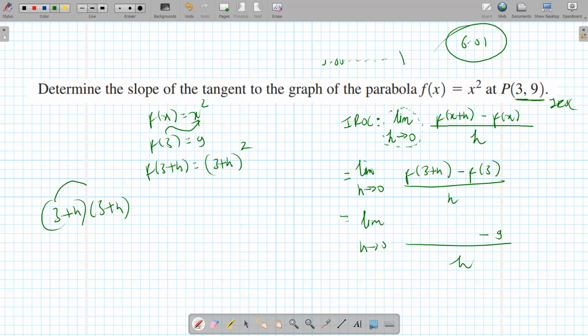And then you FOIL it like this. The first term is going to be 3 times 3, 9. The second term is going to be 3h. The third term is also going to be 3h. And the last term is going to be h squared. And you can add them up as 9 plus 6h plus h squared. Good? We're just FOILing that, right? And then we're going to replace f of 3 plus h with 9 plus 6h plus h squared.